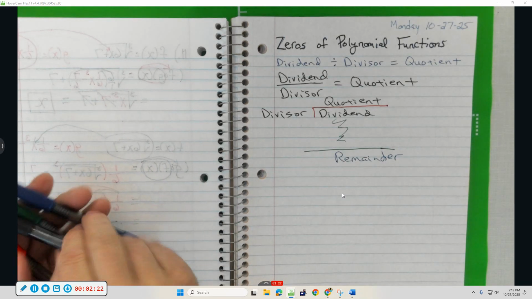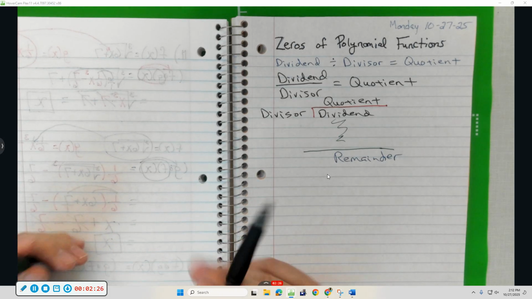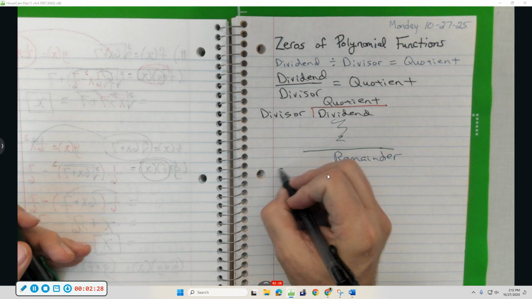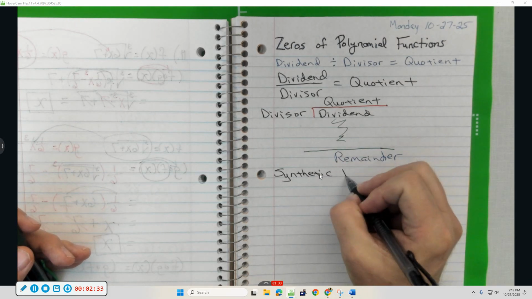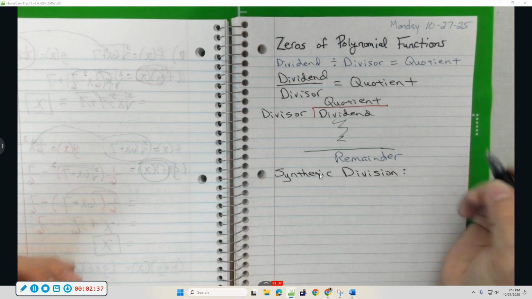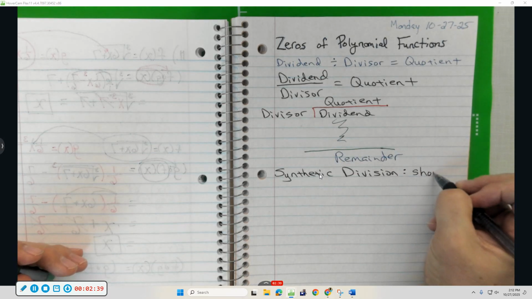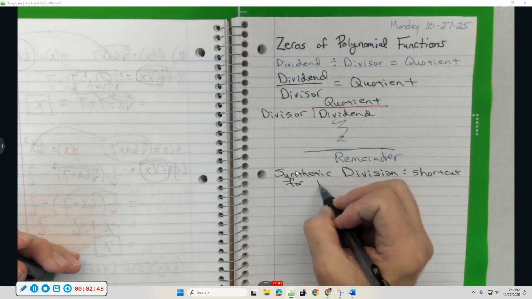And synthetic division is a shortcut for polynomial long division. Let me write that down. So we're not going to be doing the long division today. We're going to be doing the shortcut method. It's a shortcut for polynomial long division.